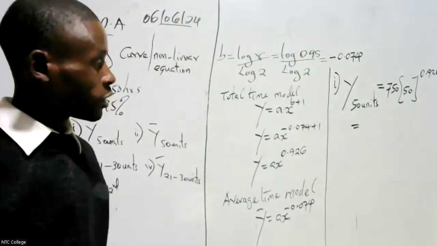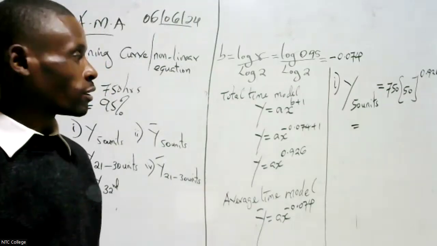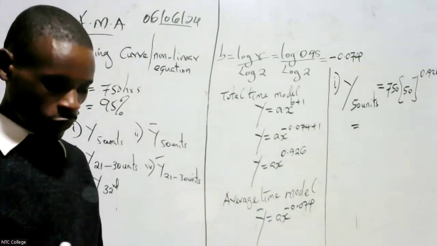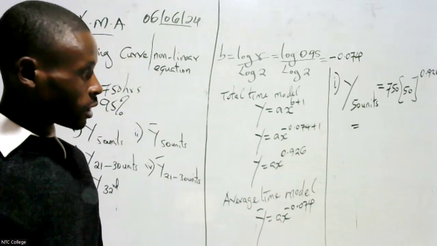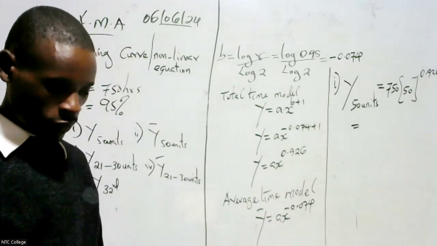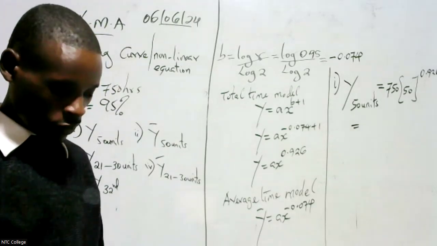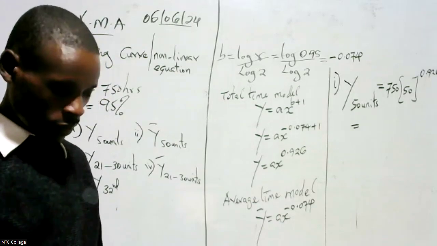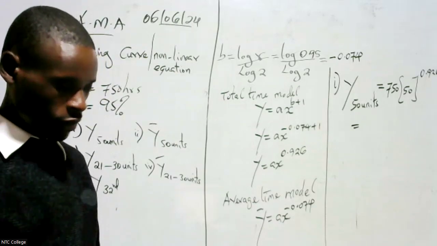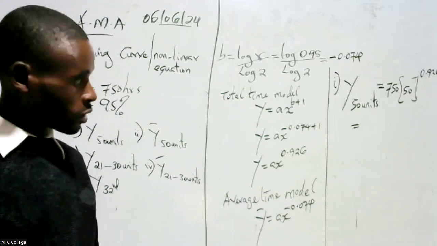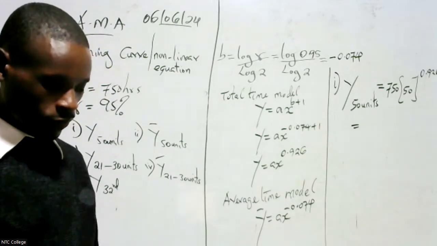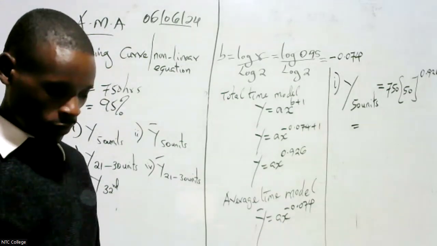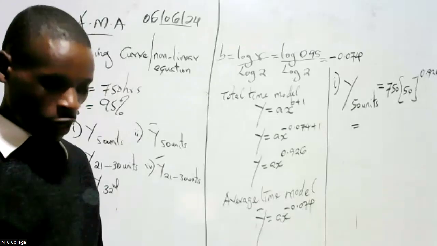So just do that arithmetic. We get the number of hours: 50 raised to 0.926, I multiply with 750. How many hours are those?